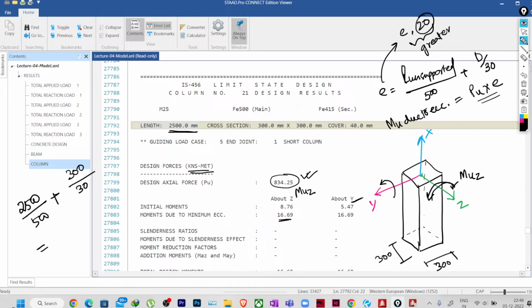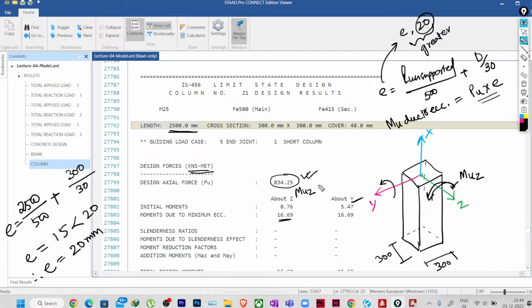How much are we getting? 2500 divided by 500 plus 300 by 30, a value of 15, which is less than 20. Hence we will be considering e equal to 20 mm.